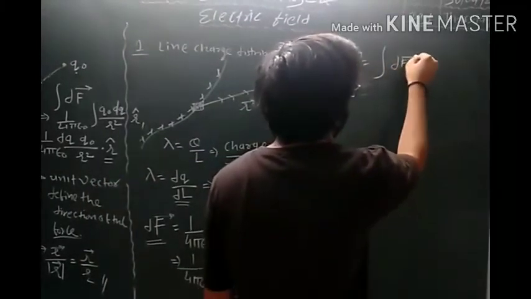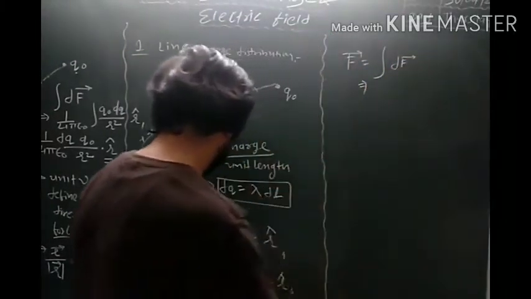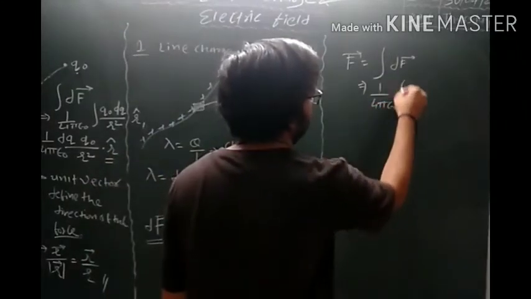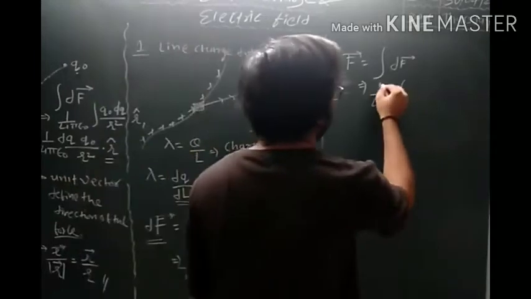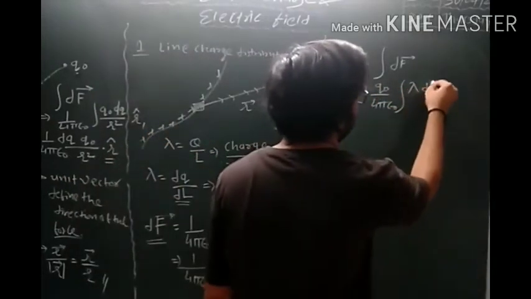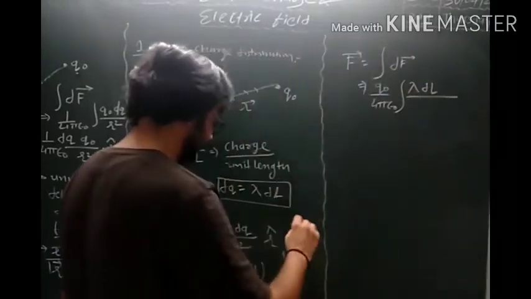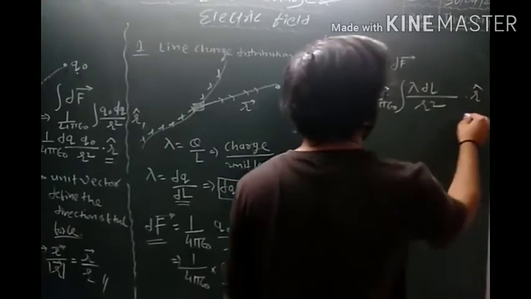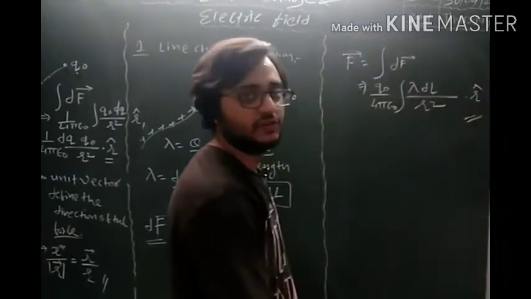So we integrate this equation. 1/4 pi epsilon naught is constant, q naught is also constant, and the charge distribution is a linear charge distribution, lambda into dl, upon r square into r cap. Okay, that is our final equation.